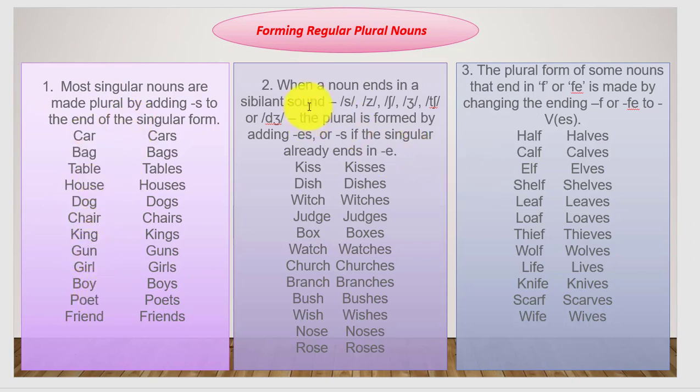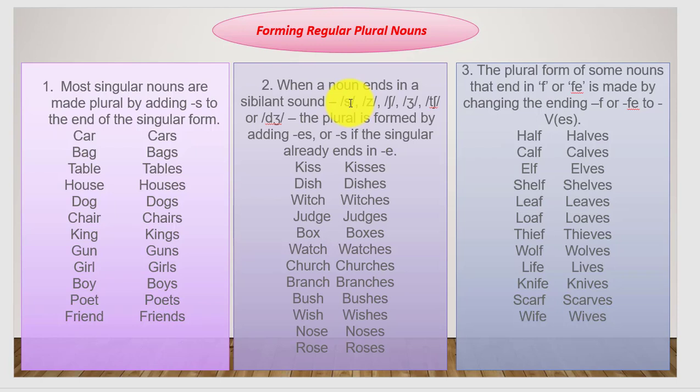Now let us proceed to the next category of noun and how we get their plural. Under this rule, when a noun ends in a sibilant sound, meaning a hissing sound, such sounds are called sibilant sounds. For example, the s sound in class or kiss.